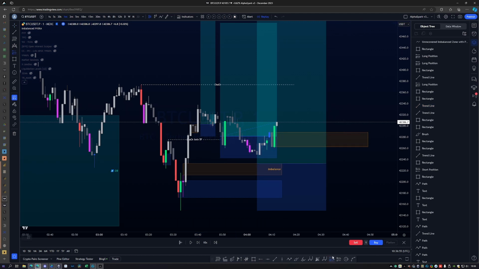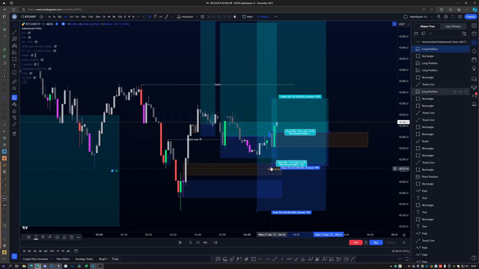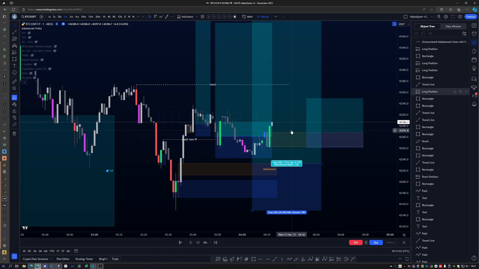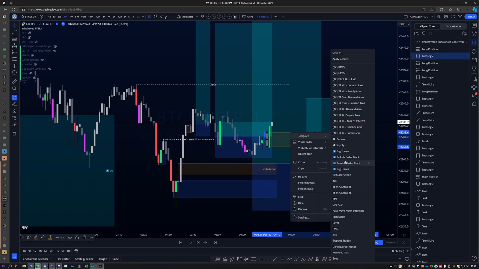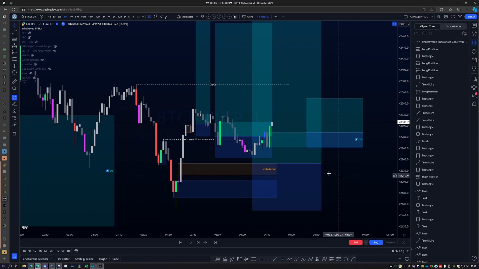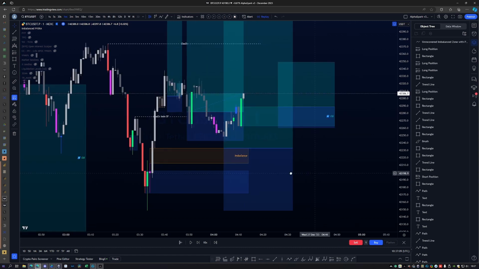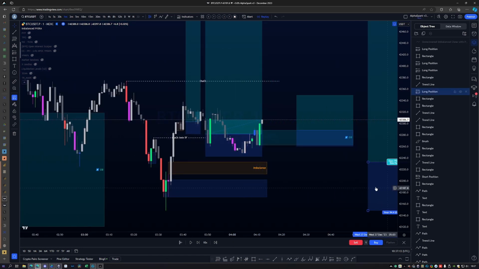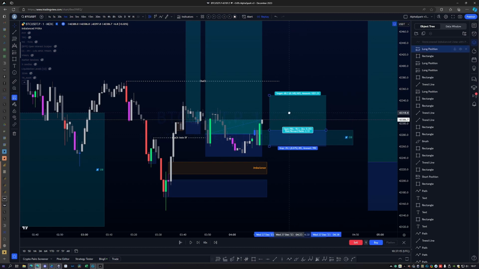So again, let's imagine that we want to add to the trade. 0.07 stop loss. Okay. So this trade, the lower one, still didn't activate. I don't know if this one will.